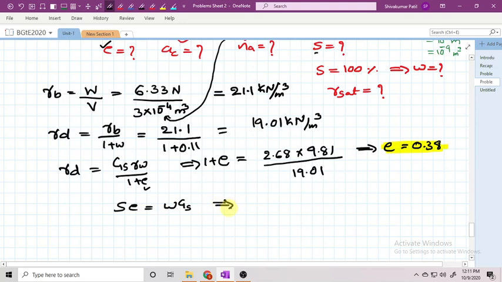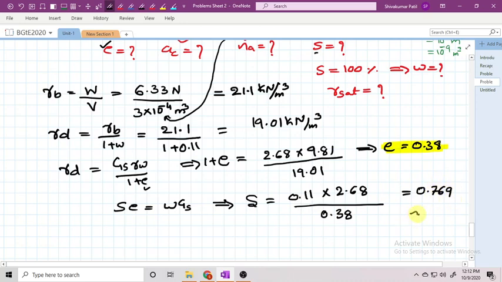So S equals W into Gs divided by E. What is the water content? 11%, no? 0.11 into 2.68, that is the specific gravity, divided by my E, E is 0.38. So what is the degree of saturation? 0.769, that means 77 percent. So this is my second answer.